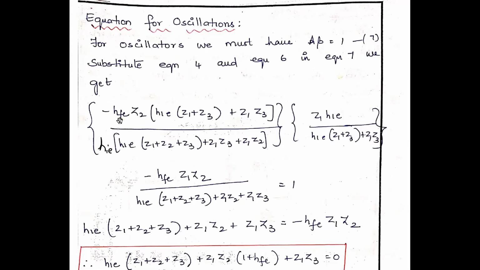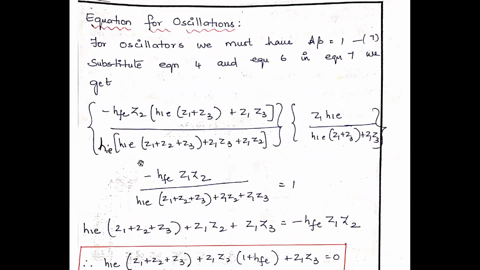Remaining we will write. So this term cancelled. Right? So numerator, minus HFE Z2 Z1. HIE also cancelled. Okay. So only minus HFE Z2 Z1 will remain in the numerator. Then in the denominator, only this term is remaining, isn't it? Only this term.